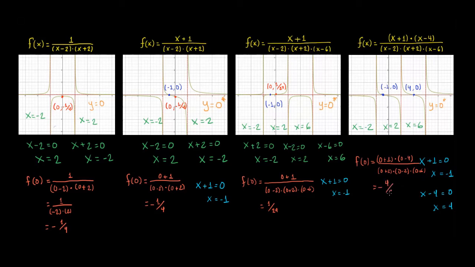In here, negative 4 over 24, we can simplify by dividing by 4, and it would be negative 1 over 6. So this is basically the point. I'm going to locate it here in the graph, which is somewhere around here, and it will be 0 comma negative 1 over 6.